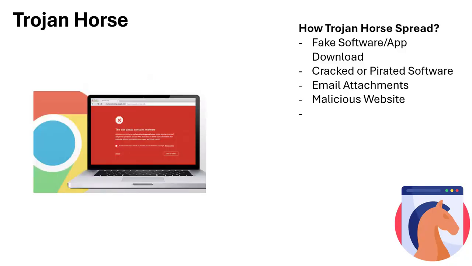The Trojan horse can also be spread through malicious websites. So always use an antivirus to monitor your browser activity, because most antiviruses have an option to check browser activity. If you are redirected to a malicious website, the antivirus will automatically give you a pop-up saying don't open this website, this is a malicious website, this is phishing, and so on.